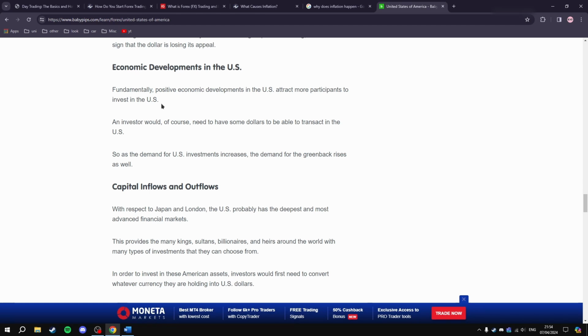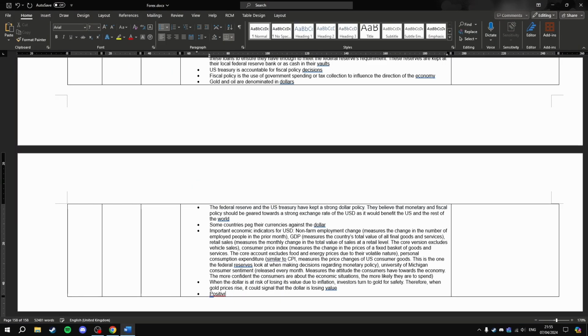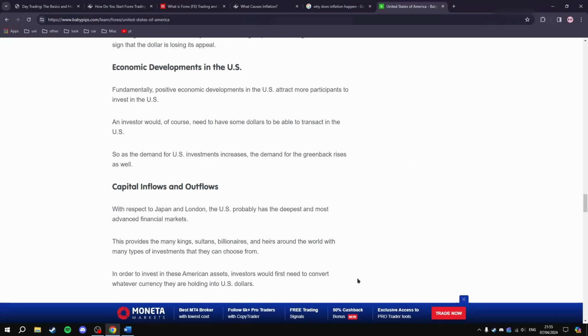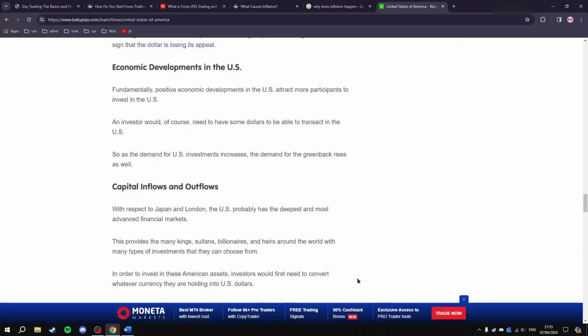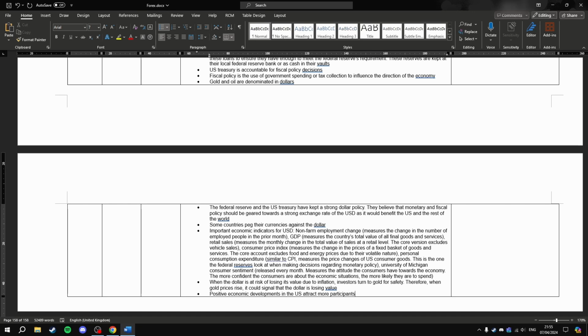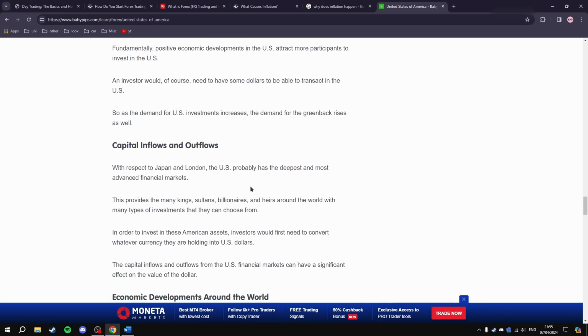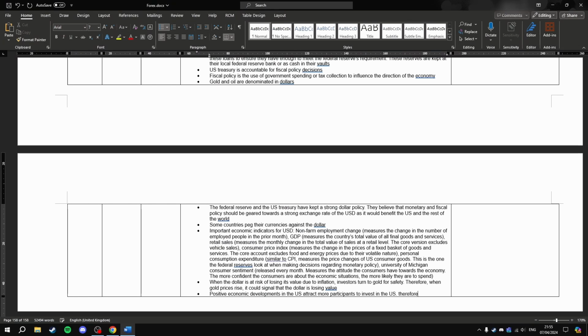So as the demand for US investments increases, the demand for the greenback rises as well, and the value of the dollar also increases.